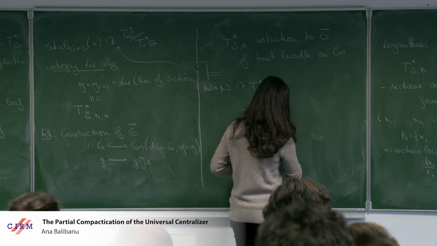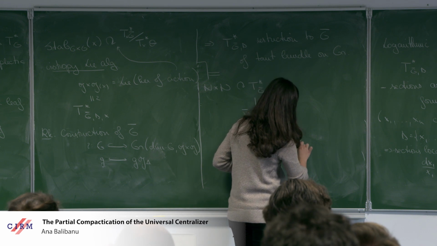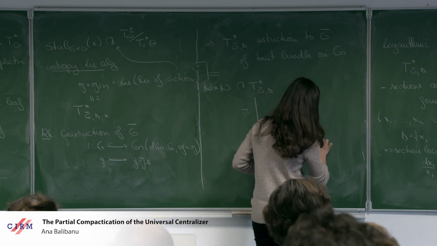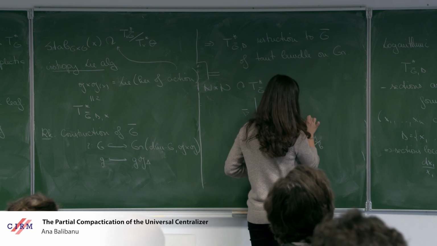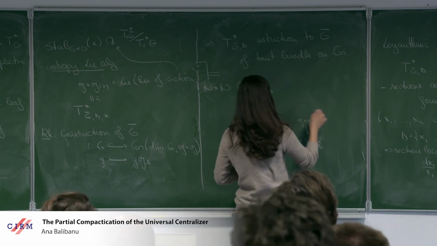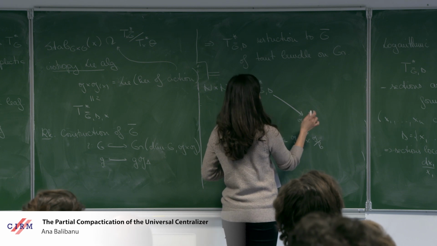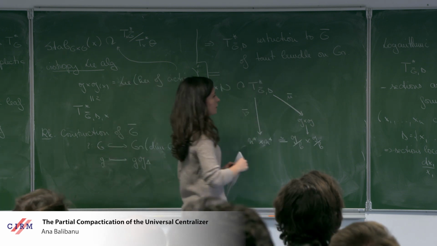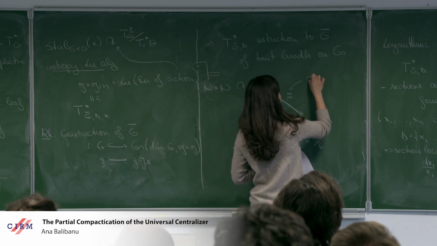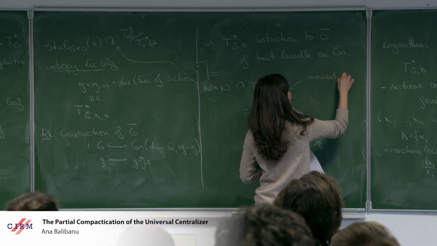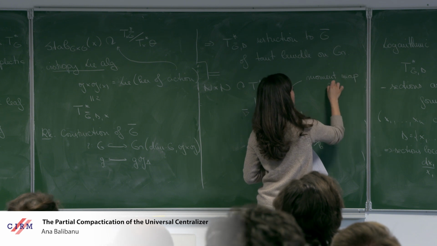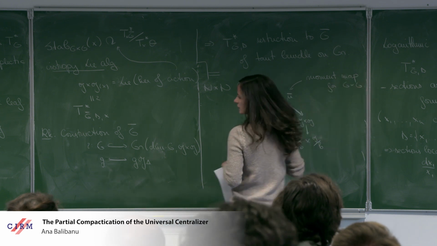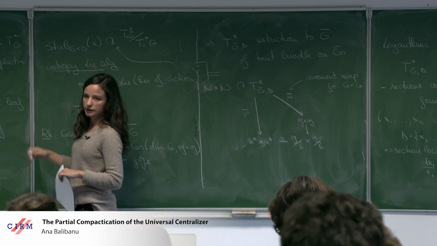And again, I can understand it by identifying n star with G mod B, in which case this moment map factors through the moment map for the G cross G action, which is now just projection onto the fibers.